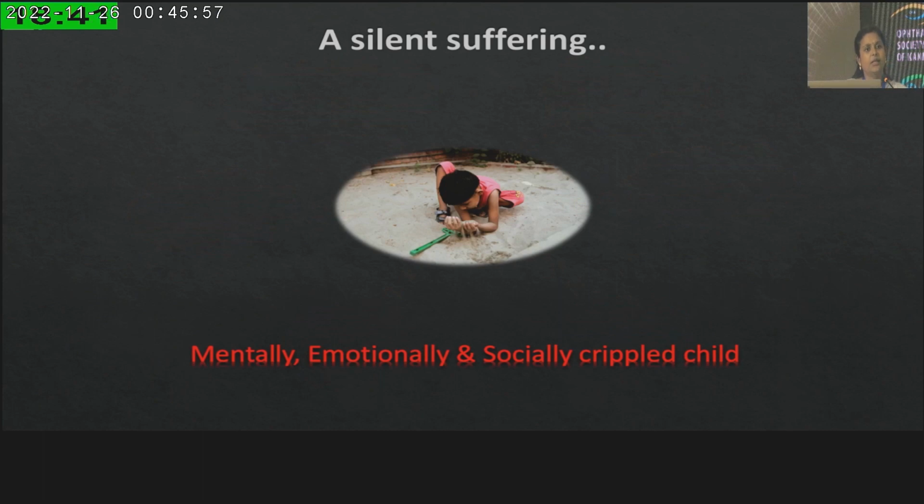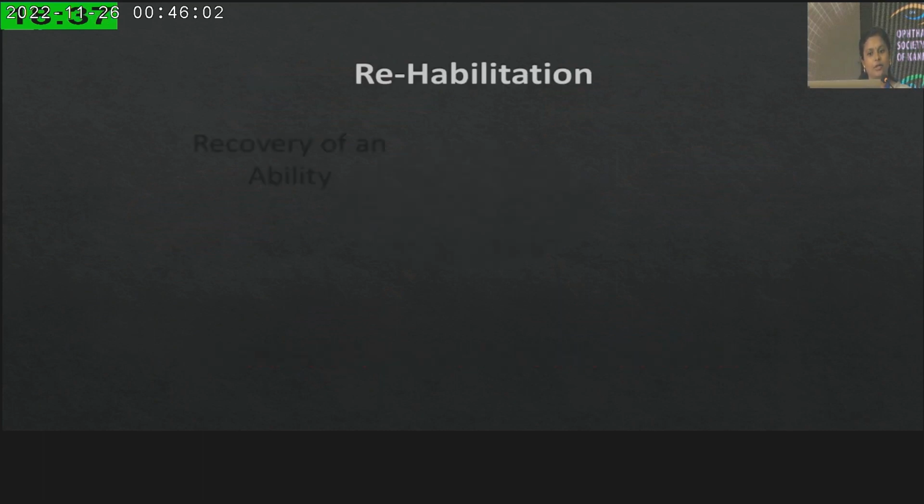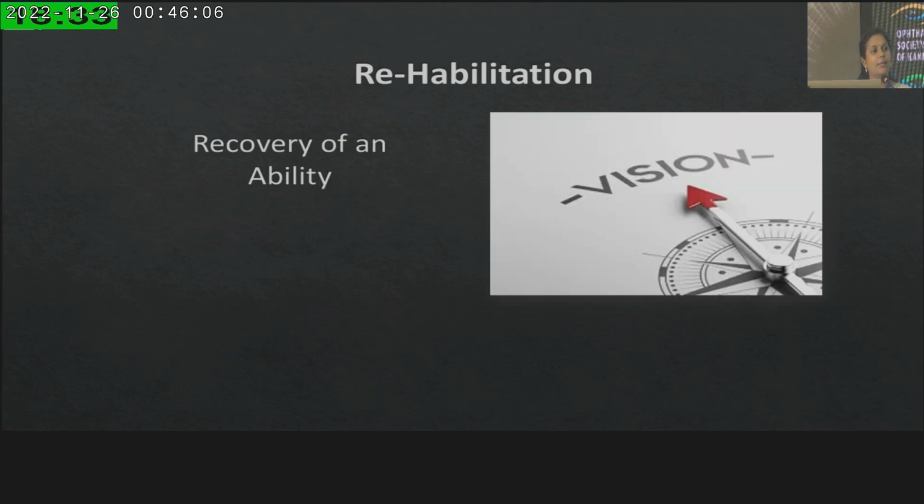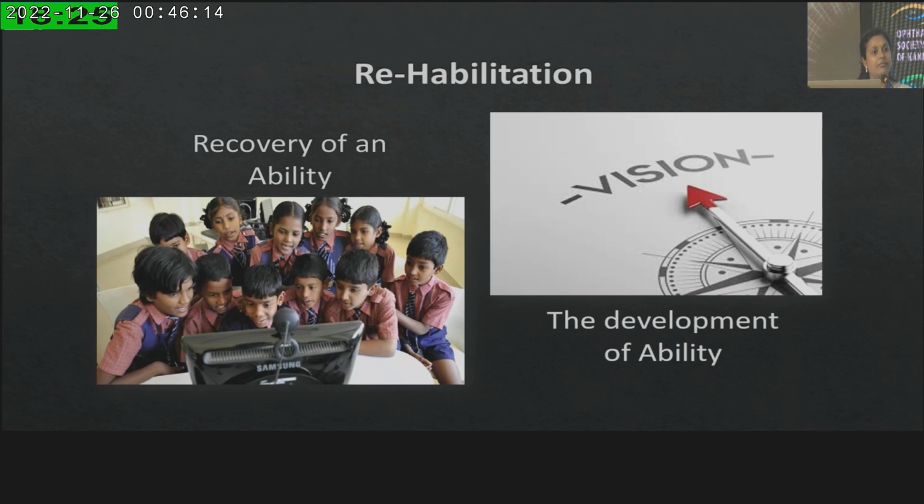This is why diagnosis and timely intervention of CVI becomes important. And we always keep using the term rehabilitation, right? Rehabilitation means you recover a lost ability. However, most of these children with cerebral visual impairment do not develop an ability at all. So what you do is you habilitate, you help them develop an ability.